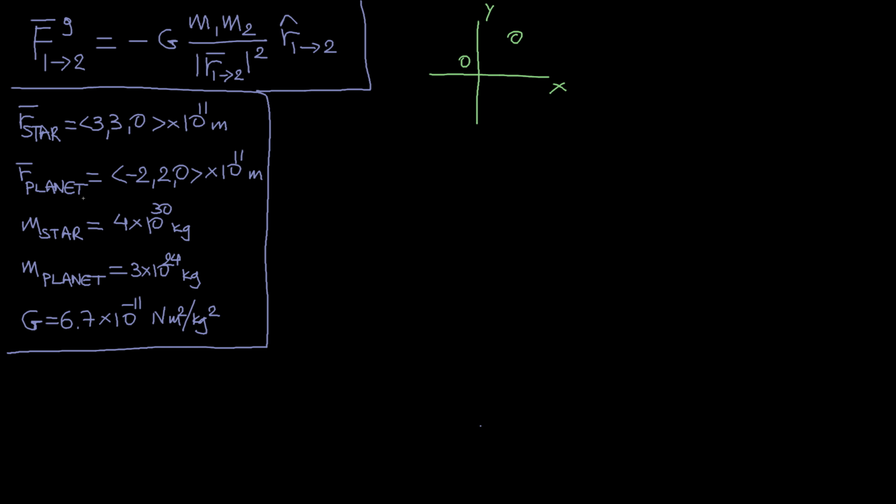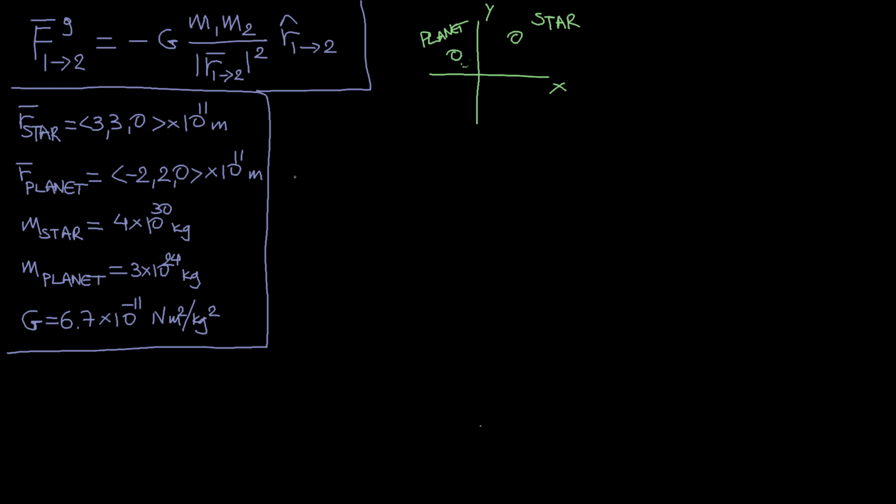And then I have the planet in a negative x and positive y. Let's move the origin. The planet would be negative x, positive y, so the planet would be somewhere here. So this is the planet, and this is the star.